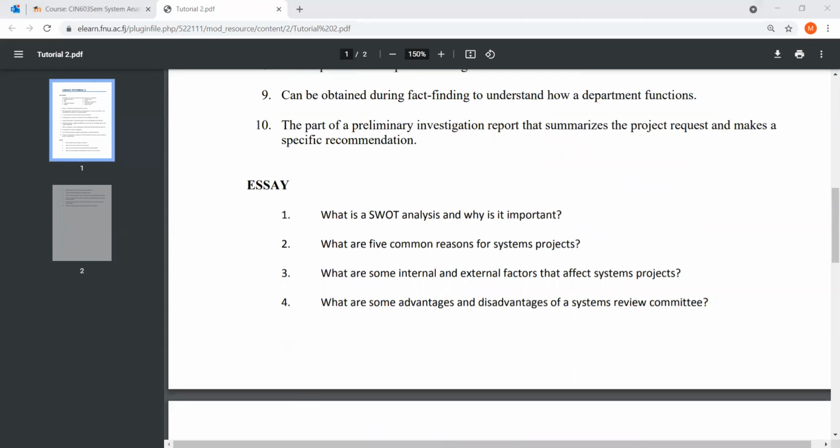Okay, 1 is improved service. Second one is better performance, the reasons why you want to have a systems project for better performance. Third, support for new products and services. Fourth one is more information.